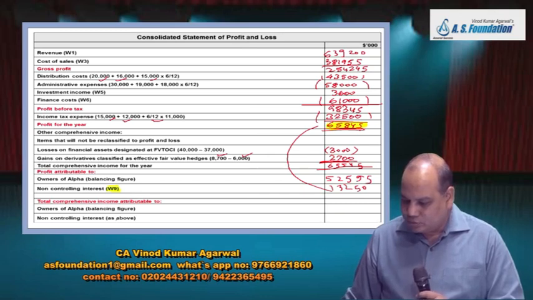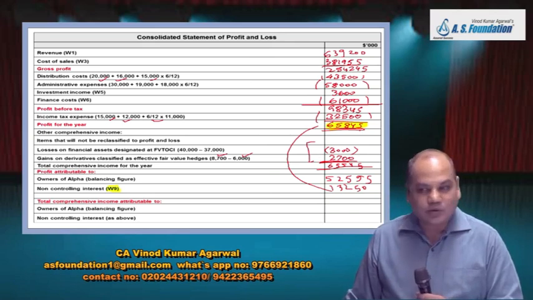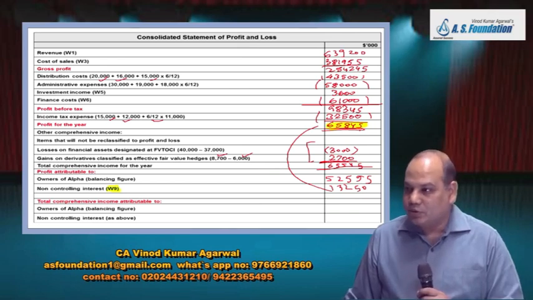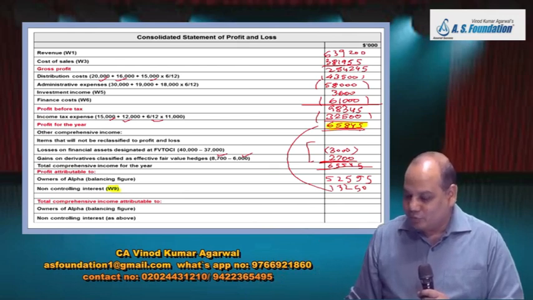And then come to total comprehensive income attributable to. Now in the OCI, there are two items. One is change in value of financial asset, one is change in value of derivative. Both these transactions were concluded in whose book? Parent's book. So NCI will not be affected. So no working note.